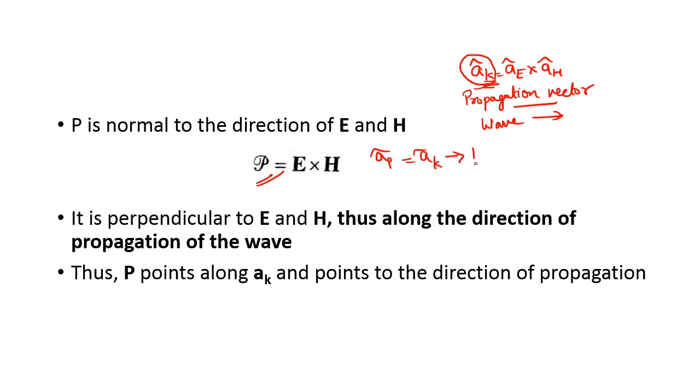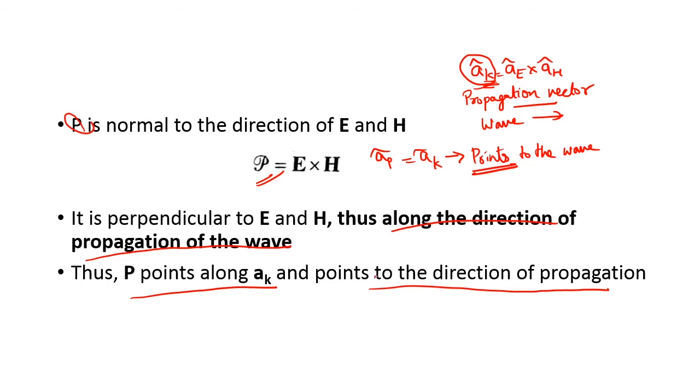It points to the wave direction, so this meaning is also there for P. So P points along a_K, in the direction of propagation. That is another significance of the Poynting vector.